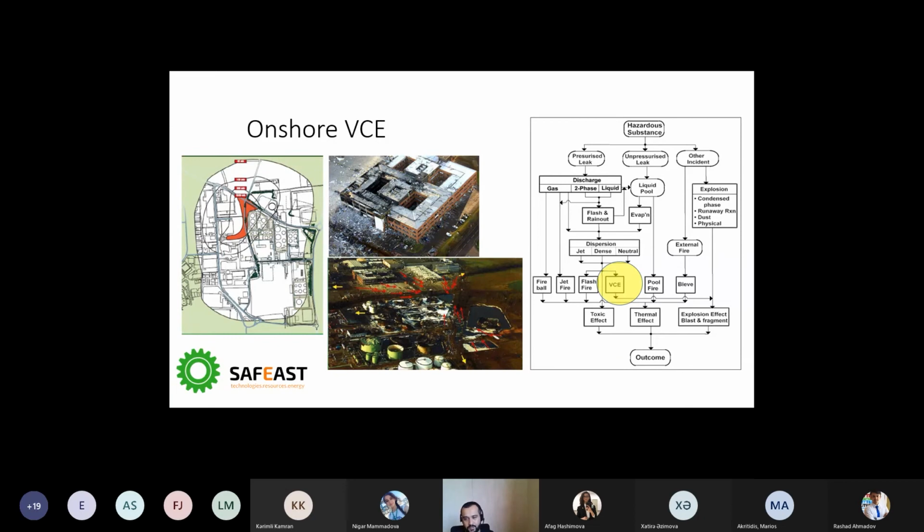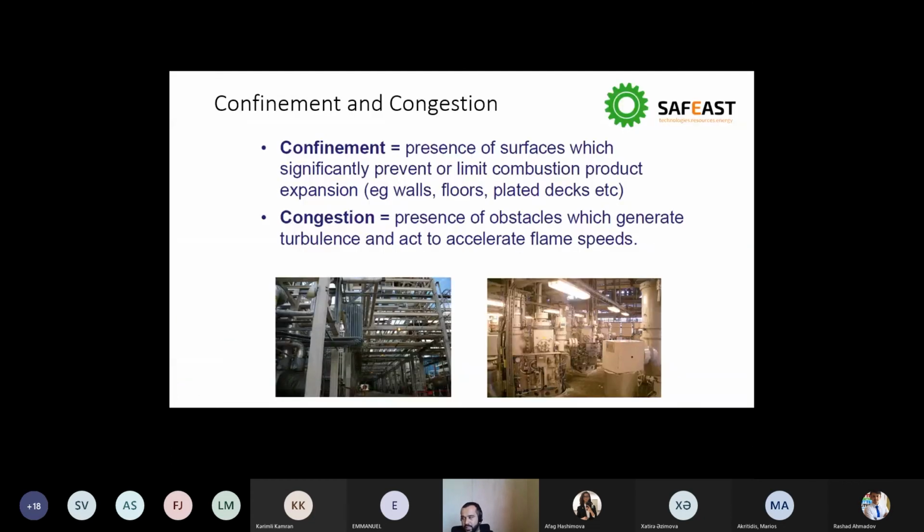And just bear in mind offshore vapor cloud explosion characteristics, and I will let you know what that means. So what decides if it will be just a flash fire, just a poof of fire, or an explosion? There are two phenomena. The first one is called confinement, which is the presence of surfaces that significantly prevent or limit combustion of the product.